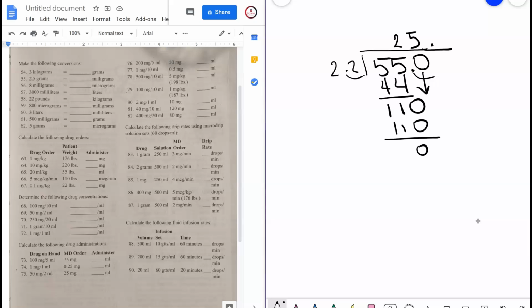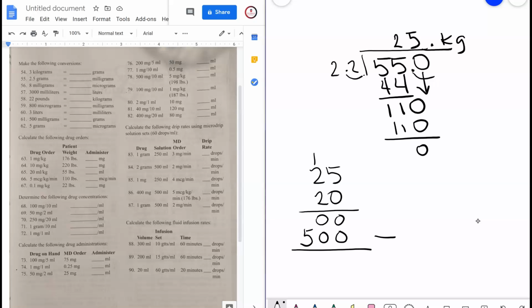So you have a 25-kilogram patient. And you want to give that 25-kilogram patient 20 milliliters per kilogram. 0, 0, drop your 0. 2 times 5 is 10. 2 times 2 is 4, plus 1 is 5. So you are going to give this patient 500 milliliters.